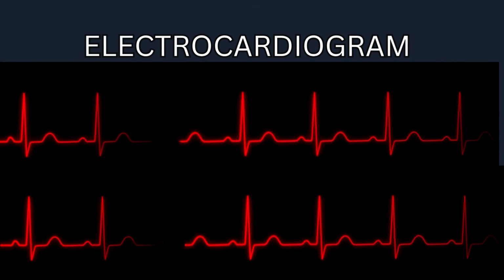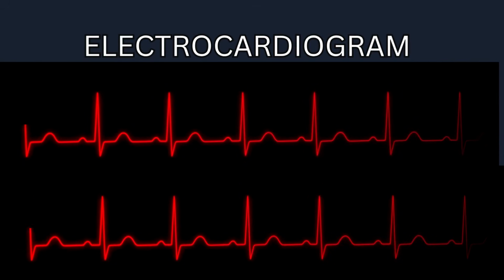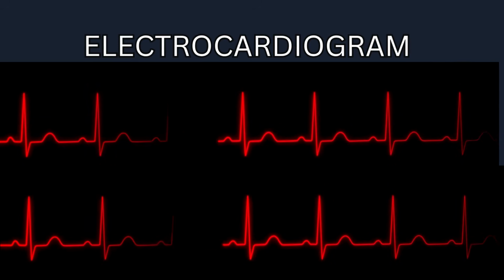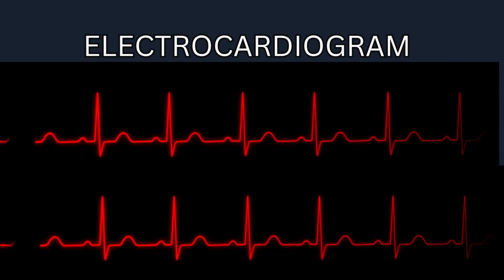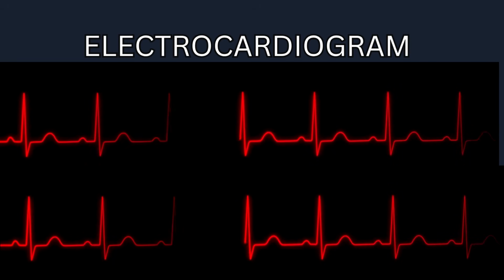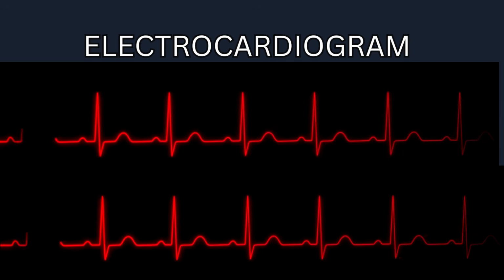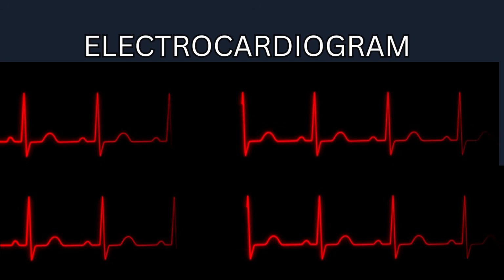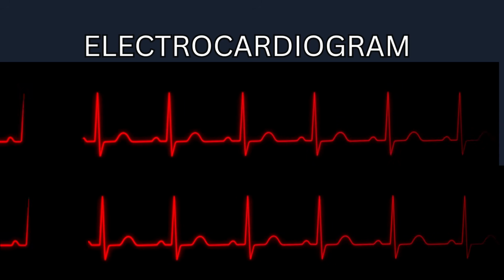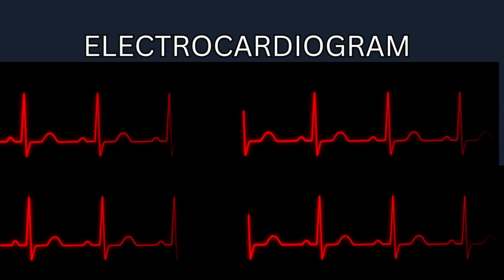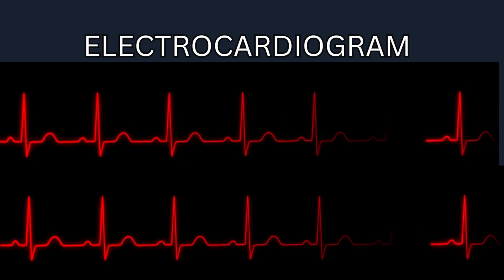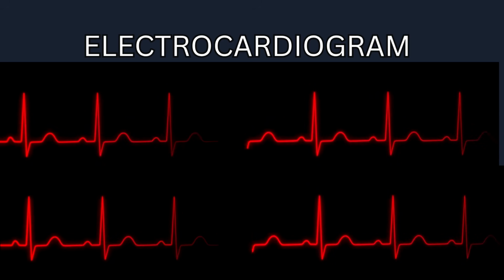The electric impulses that pass through the conduction system of the heart during the cardiac cycle can be recorded as an electrocardiogram or ECG. The electrical changes result from the depolarization and repolarization of the cardiac fibers and can be detected on the surface of the skin using an instrument called an electrocardiograph.